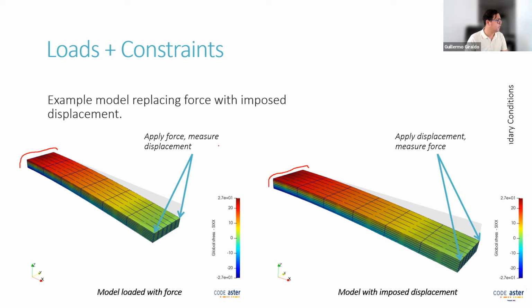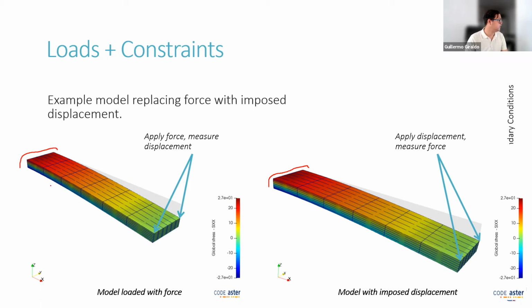So actually what I did, and I will show in a moment, is that I first ran the one with the force. I measured the displacement on these points, and in this case, I removed the forces. And what I did was to apply the displacement that I measured on the first model.